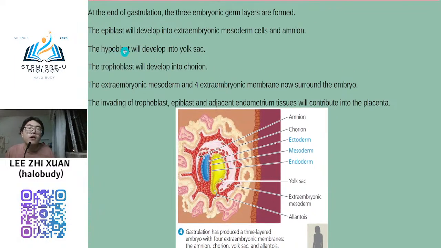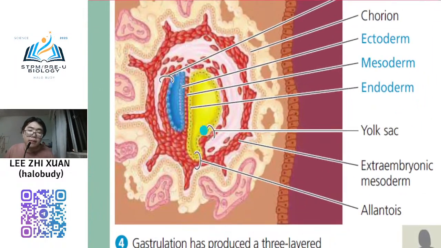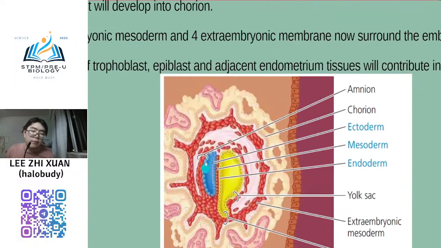If the epiblast has already developed into these three layers, how about the hypoblast? The hypoblast will develop into the yolk sac, right here. And the epiblast not only develops into the three germ layers, it also develops into the amnion, the amniotic cavity here. The amnion plays the role in secretion of amniotic fluid.